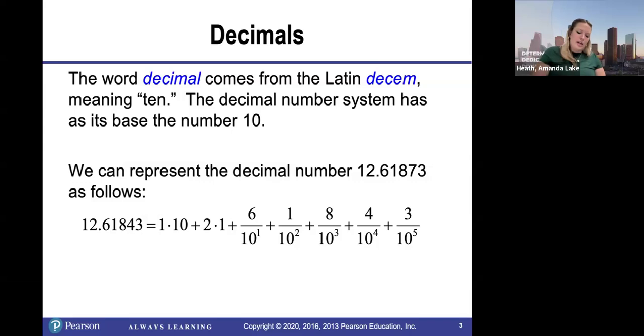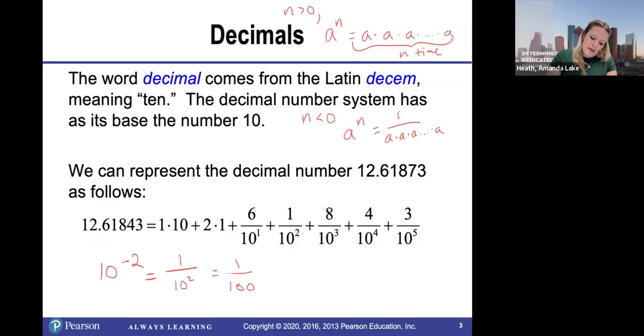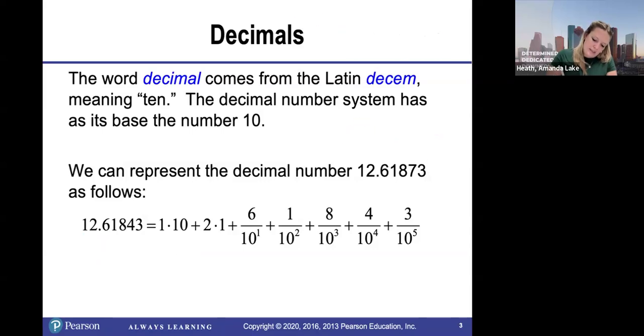If we're trying to take this number, 12.61843, which we'll learn how to say in just a second, we can break this down by each place value.